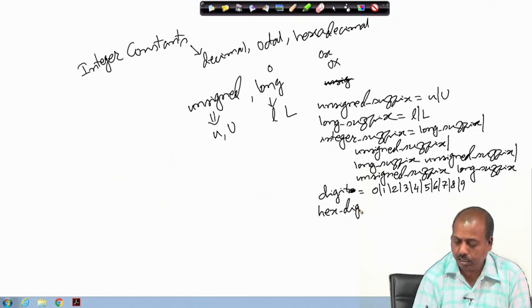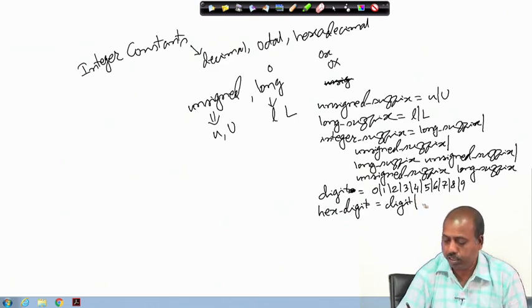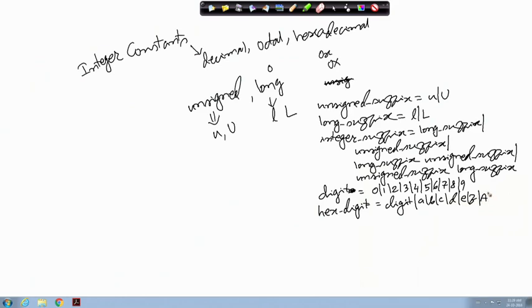So, hex digit is equal to digit, and there are some more options like A, B, C, D, E, F, also the capital versions, capital A, B, C, D, E and F. Now, we can have the hex indicator. Hex indicator is small x or capital X.